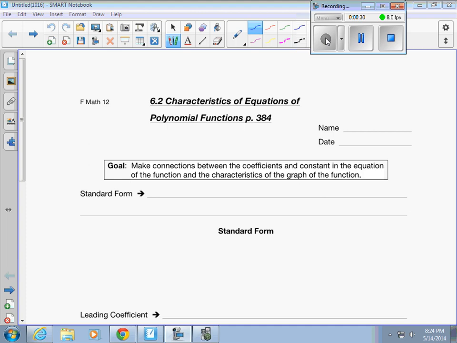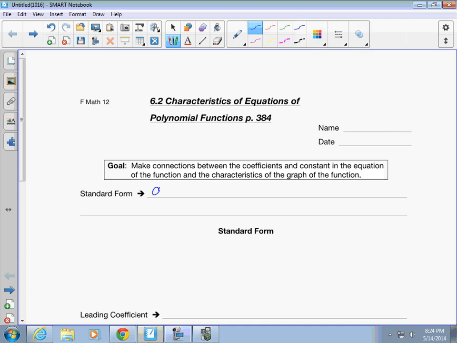So in standard form, a polynomial function is written so that the powers of x are in descending order.